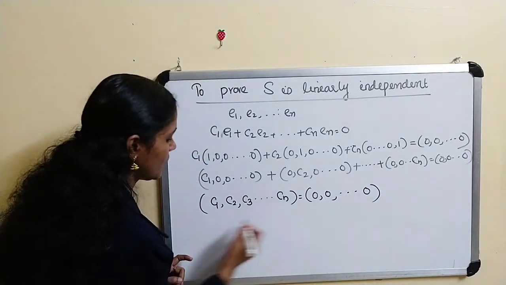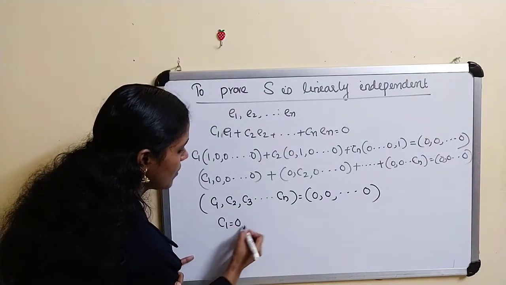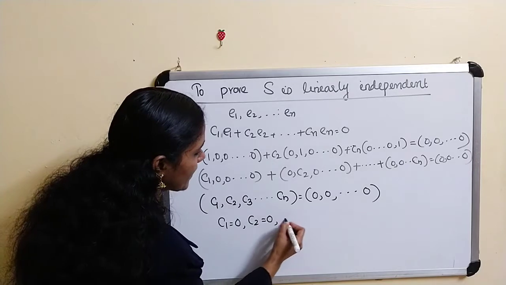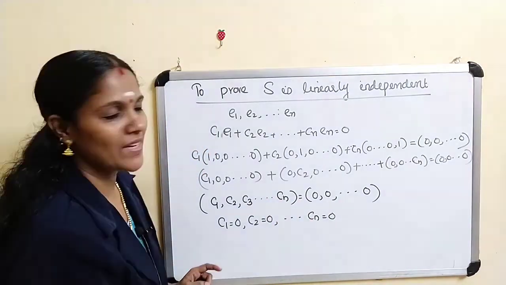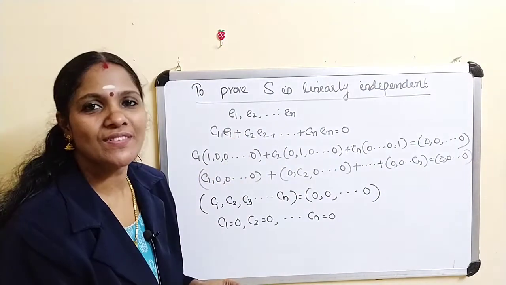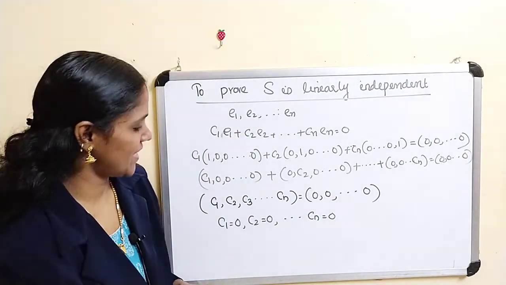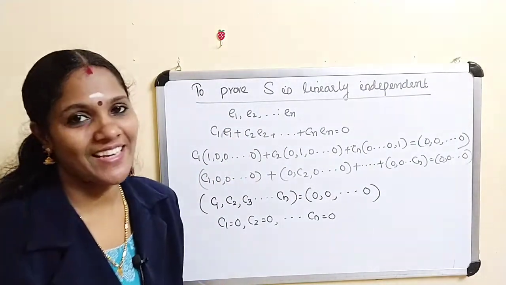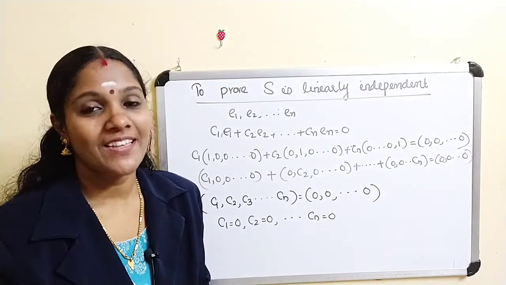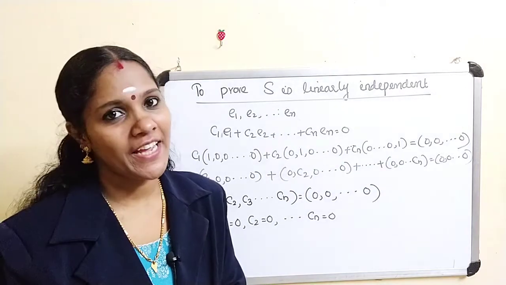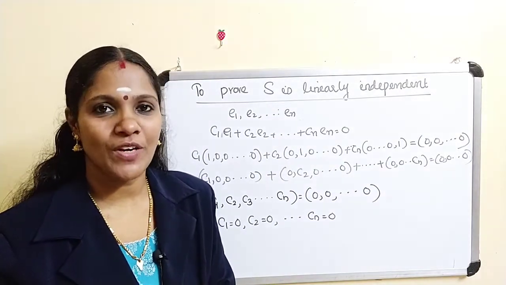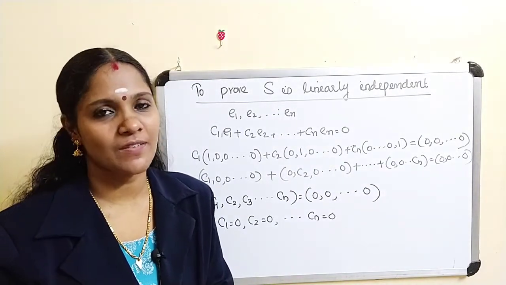From this we get c1 equals 0, c2 equals 0, etc., cn equals 0, equating both sides. Thus c1 e1 plus c2 e2 plus etc. plus cn en equals 0 implies ci equals 0 for every i. That implies the set e1, e2, etc., en is linearly independent.